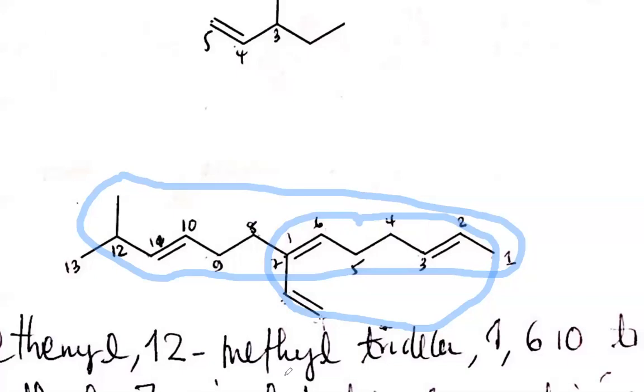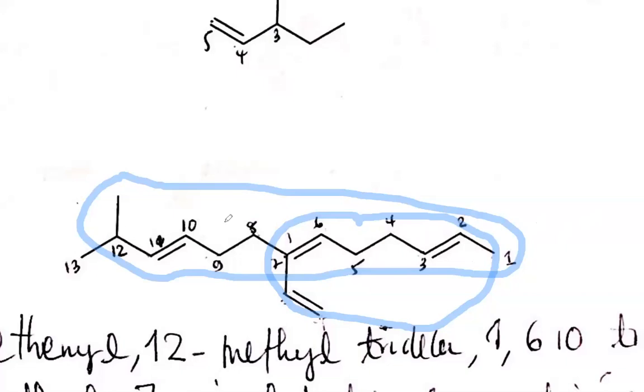Now, this one has 1, 2, 3, 4, 5, 6, 7, 8, 9 carbon atoms. And this other one, starting from either this side or this side, has 1, 2, 3, 4, 5, 6, 7, 8, 9, 10, 11, 12, 13.